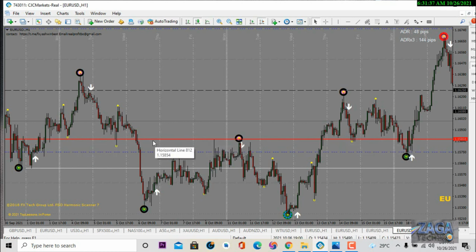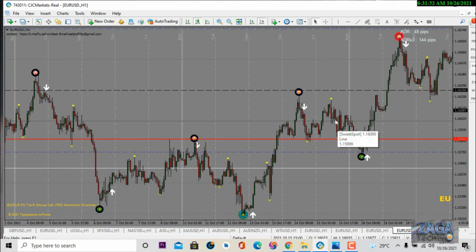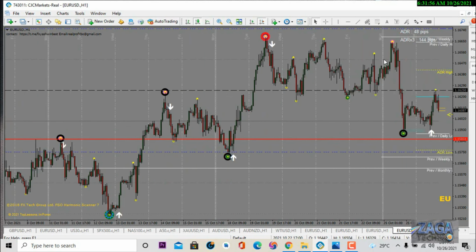You see? So there's a support here, price breaks through. This is the support, this is that support, it also breaks through, uses that resistance, breaks through again, uses that support, up again, comes down, breaks it, forms the support, up again.